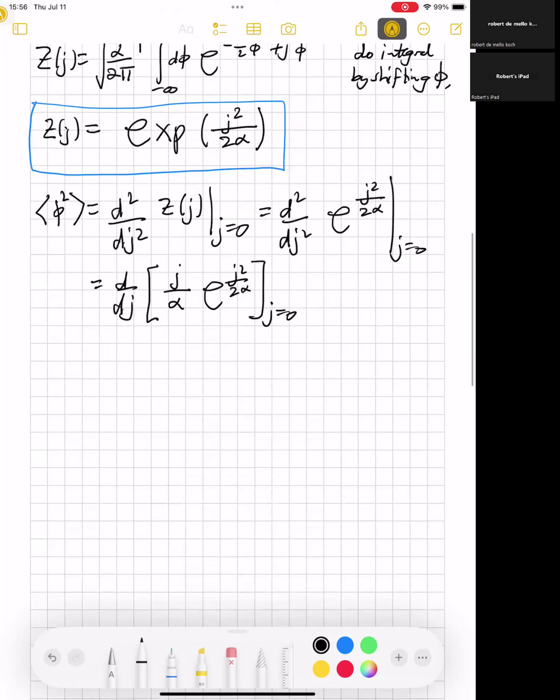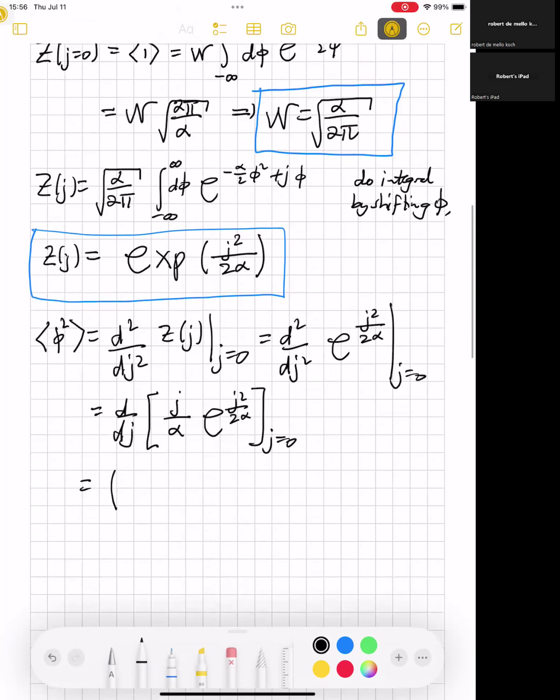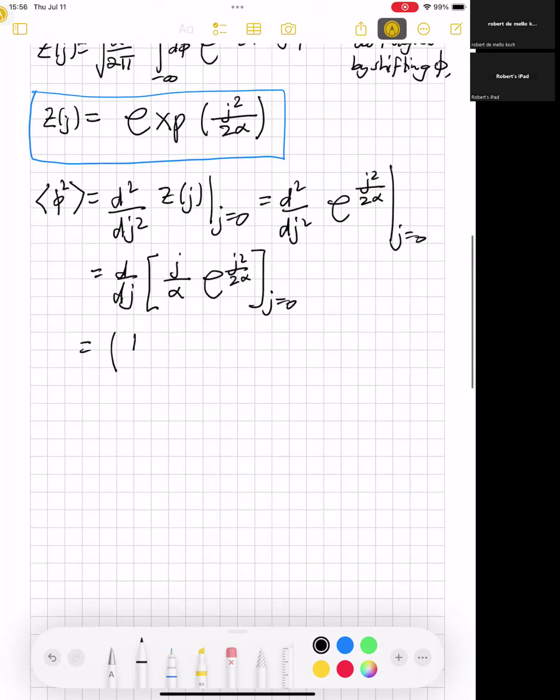And if we take that second derivative, what do we get? Well, the d by dJ acting on J over alpha gives us a 1 over alpha. But the d by dJ can also act on the exponential, in which case it will bring down another J over alpha. So we get J over alpha squared, e to the J squared over 2 alpha, evaluated at J equal to 0.